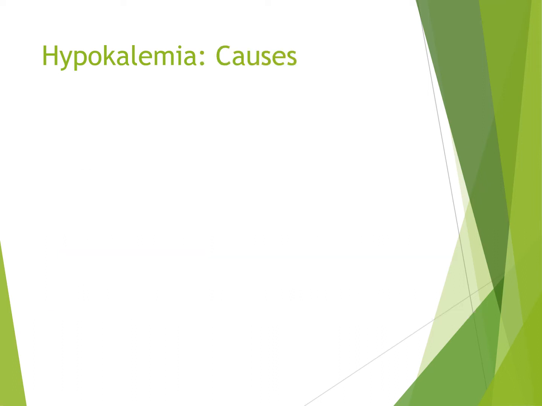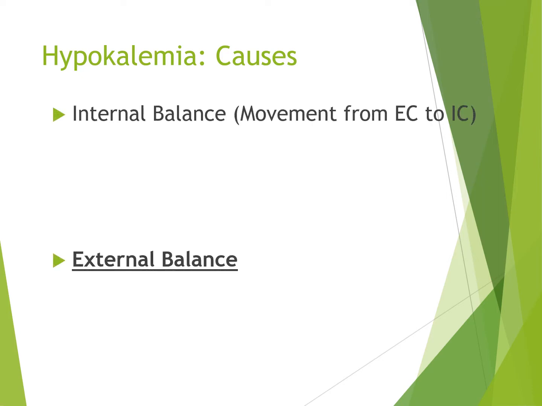I like to think of the causes of hypokalemia as twofold. It's basically an internal balance problem, which is movement from the extracellular space to the intracellular space, or an external balance problem, which is much more common. Now, internal balance problems, there are several different causes, such as insulin. Think of a DKA patient when you put them on an insulin drip.